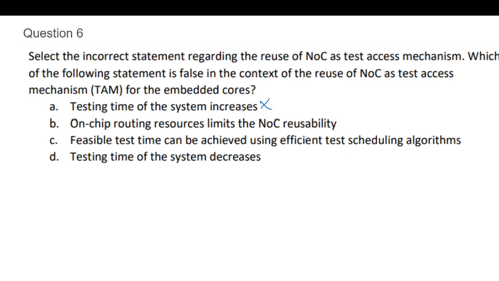On-chip routing resources limit the NOC reusability. True, because NOC has a TAM. Feasible test time can be achieved using an efficient test scheduling algorithm. Yes, testing time of the system decreases. So option A is the incorrect statement regarding the NOC as a TAM, test access mechanism.